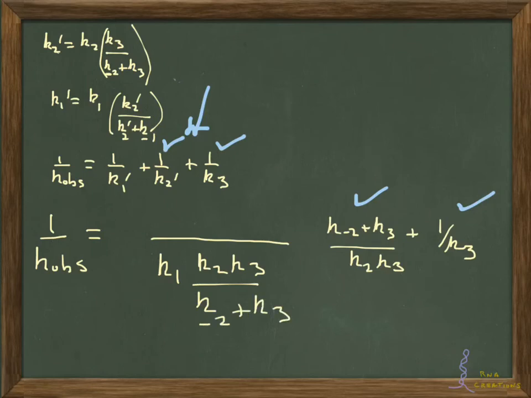And then in the numerator, I have k2 prime plus k minus 1. So I have that.